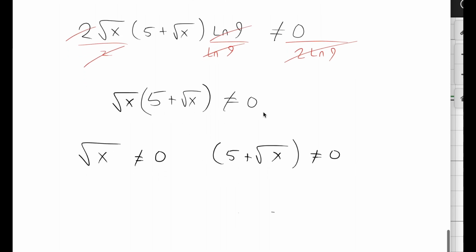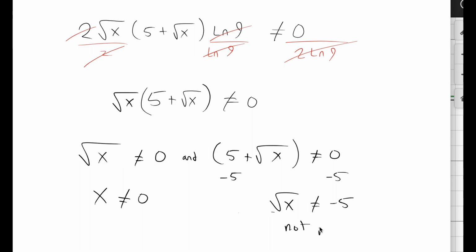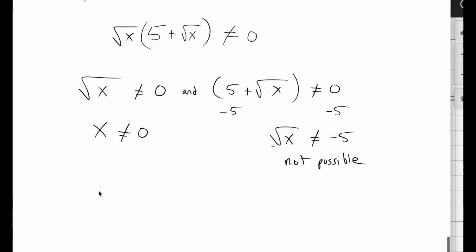Radical x cannot be 0, and 5 plus radical x cannot be 0. So this means that x cannot be 0. For the other one, it just shows that radical x could not be -5, which is not possible anyway. So the domain of the derivative is therefore 0 to infinity.